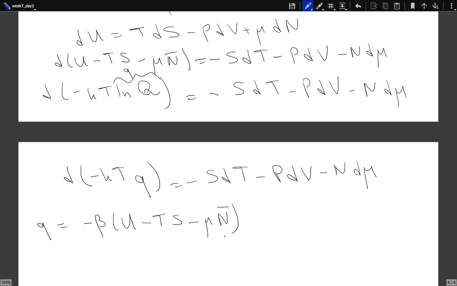But on the other hand, Q, if you look at this expression over here, kT times Q can be written as a function of temperature, volume, and the chemical potential.